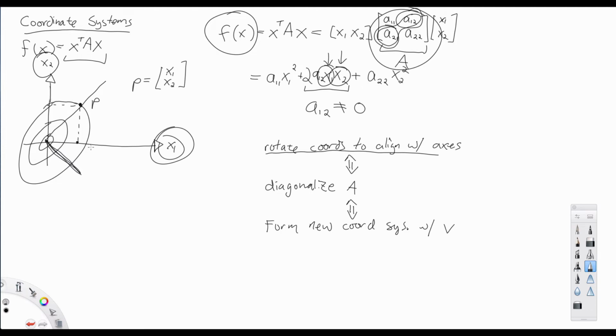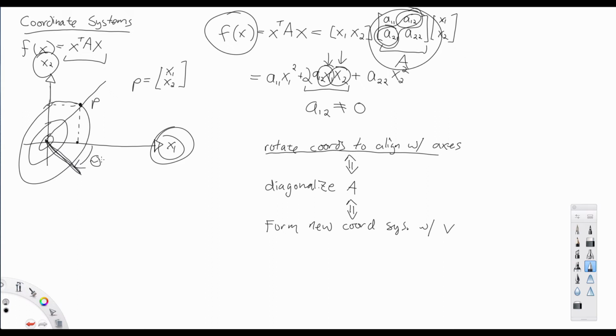So in other words, if I go back to this figure here, if I were to rotate these axes by this amount, theta, then the axes would be aligned, and then we get this nice property of independence between the different variables. And that's going to allow us to make some more general statements about the nature of this quadratic function.